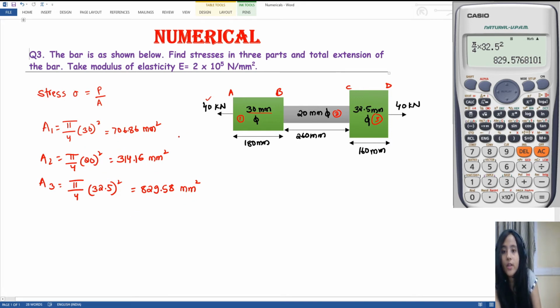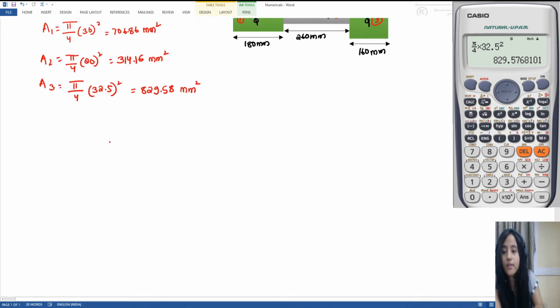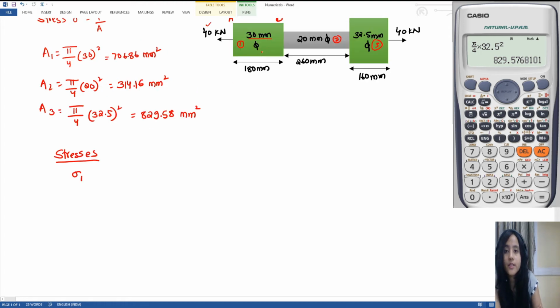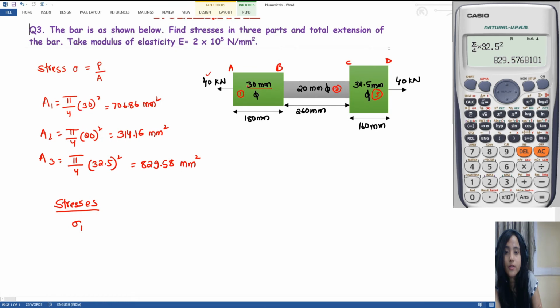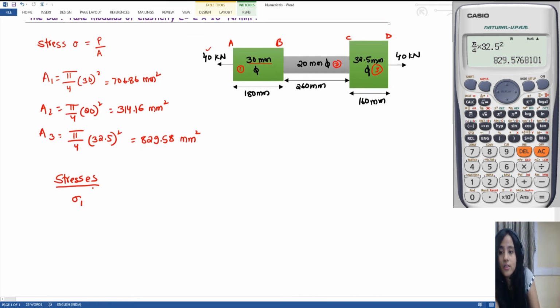Now from these given areas we can find the stress, right? So let us find the stresses. For the first section, this section AB, sigma 1 will be equal to P by area 1.